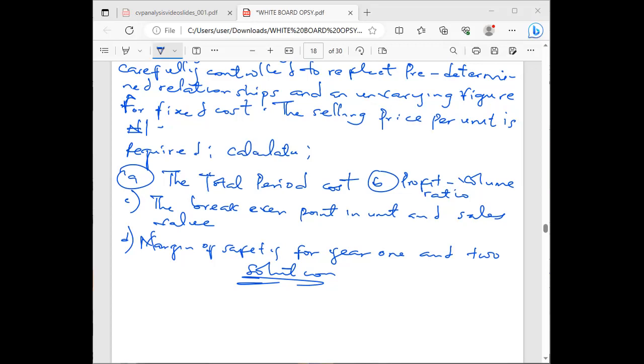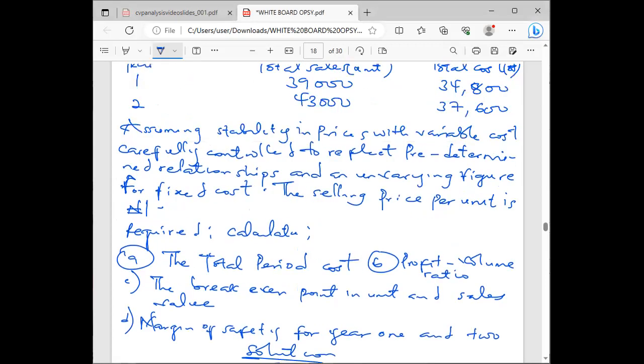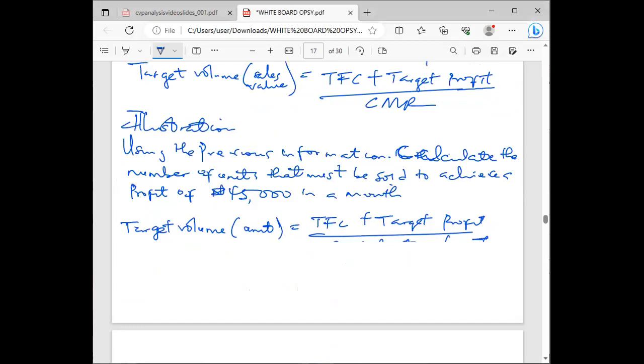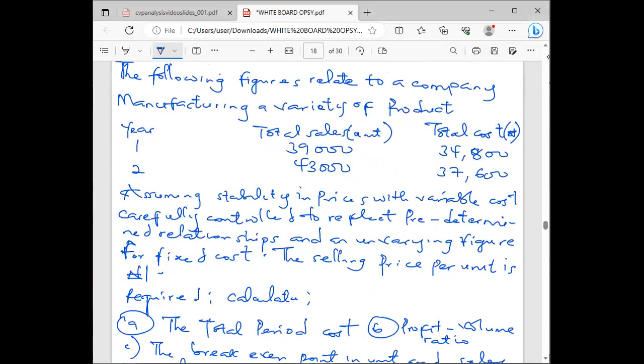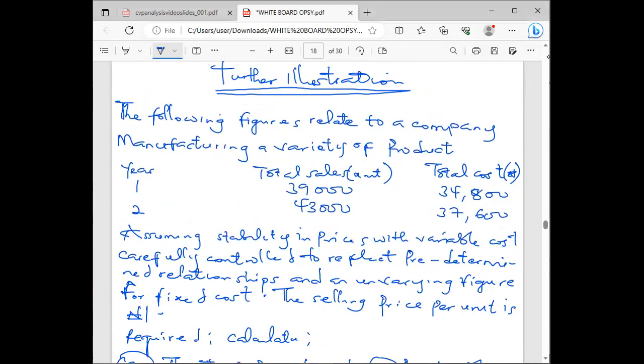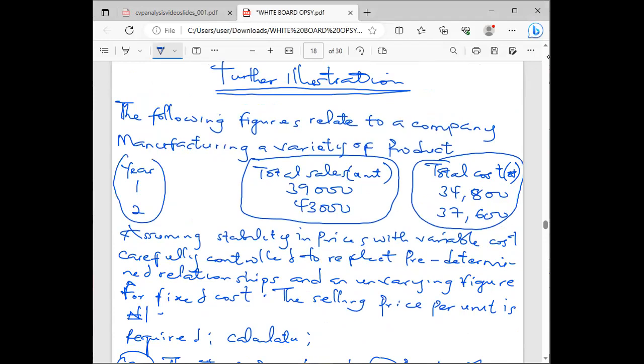Whenever you are giving information relating to total costs and sales value at different levels or for different periods, just as we have here. In this example here, we're only having 2 years or 2 levels.